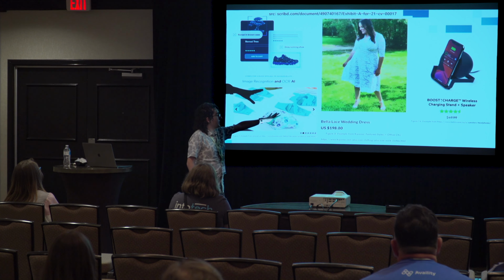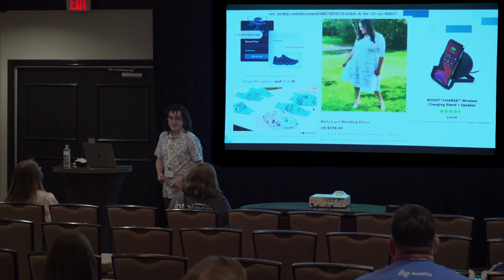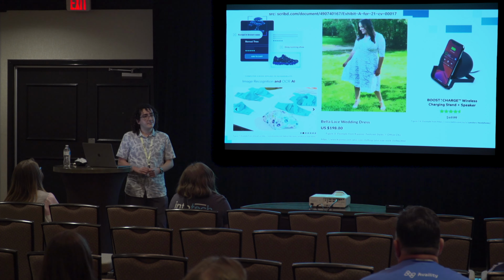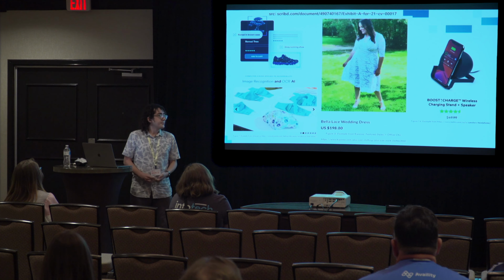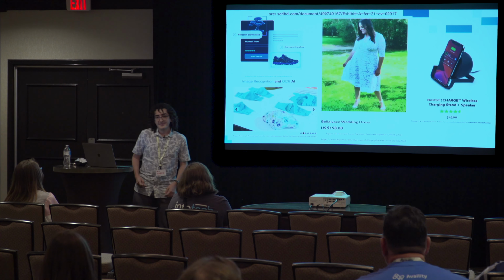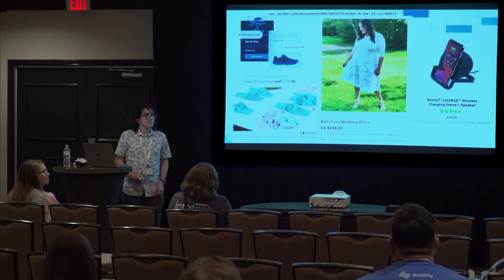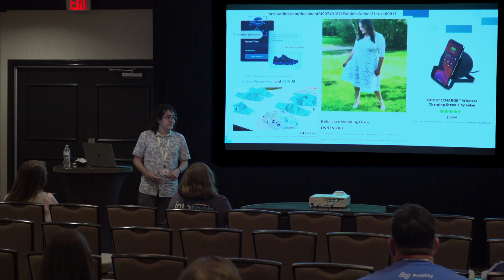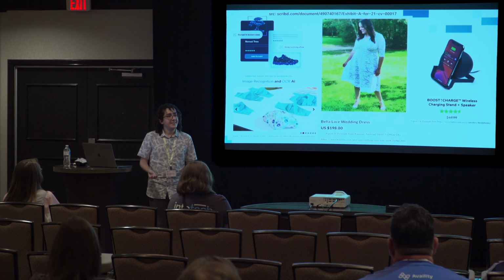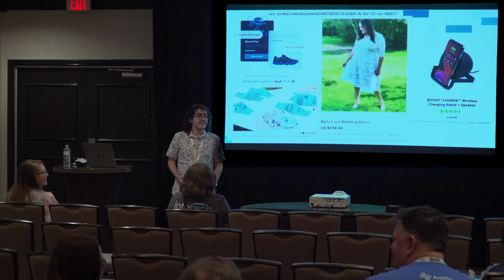Let's start with the wedding dress. Can someone suggest alt text for it? White lace A-line wedding dress. Sure, white lace A-line wedding dress. Pretty darn good, right? That is a piece of nuance that I would not have picked up on, and that's why you need domain experts to do the work.